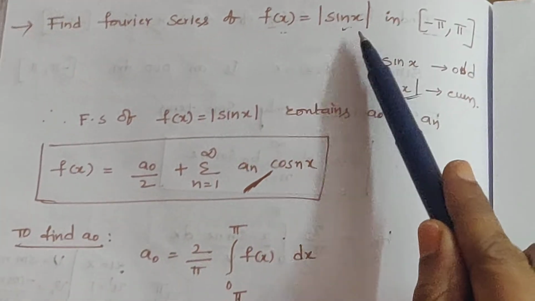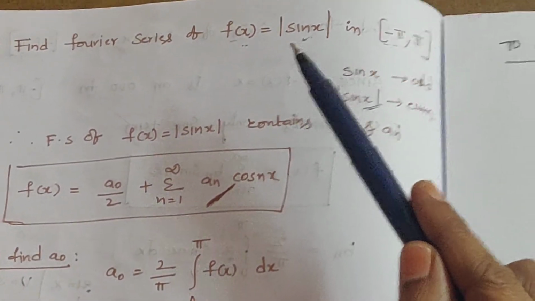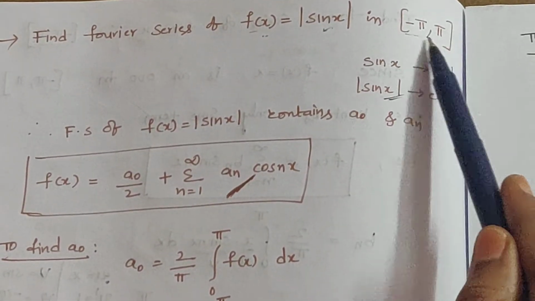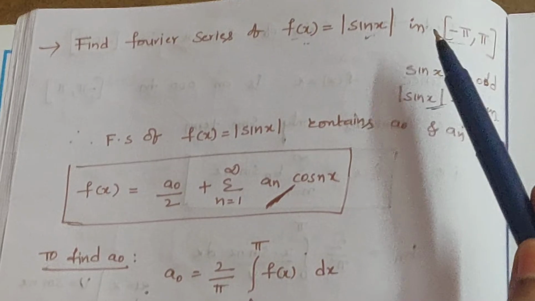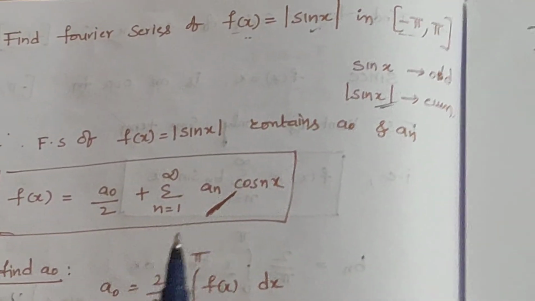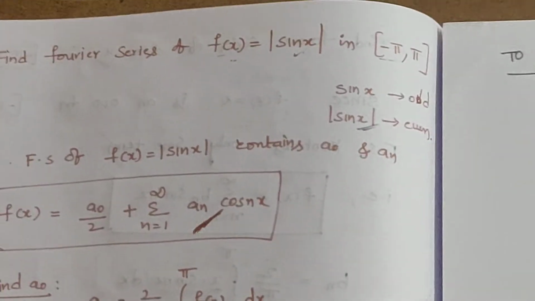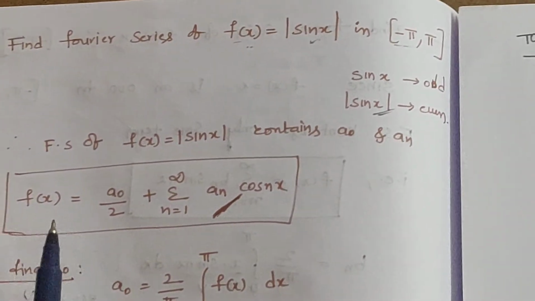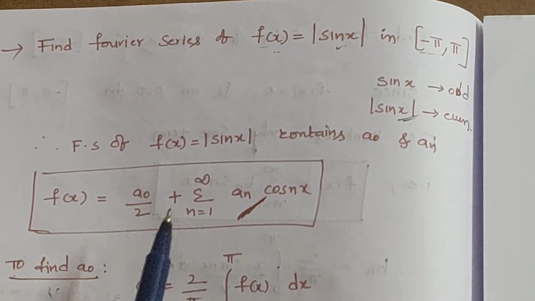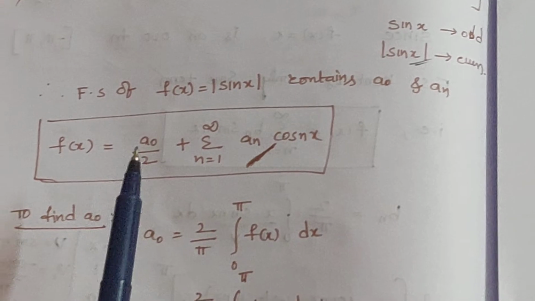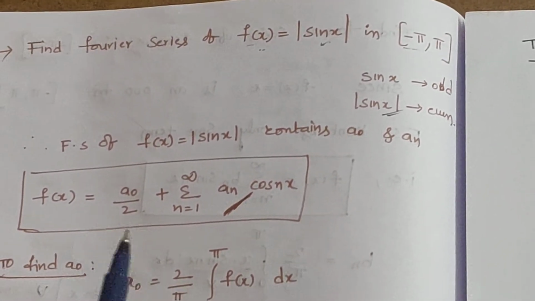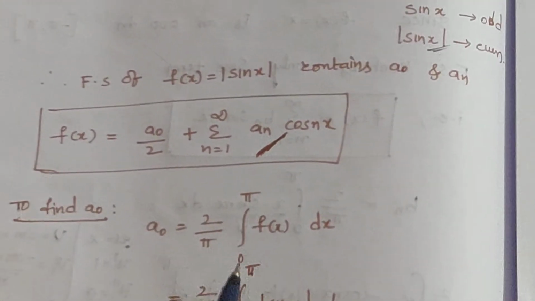Since f of x is an even function defined in the interval minus pi to pi, its Fourier series contains a0 and an terms. So the Fourier expansion is f of x equal to a0 by 2 plus sigma an cos nx. To find a0, the formula is 2 by pi integral 0 to pi f of x dx.